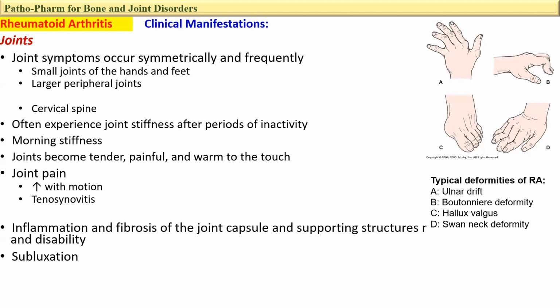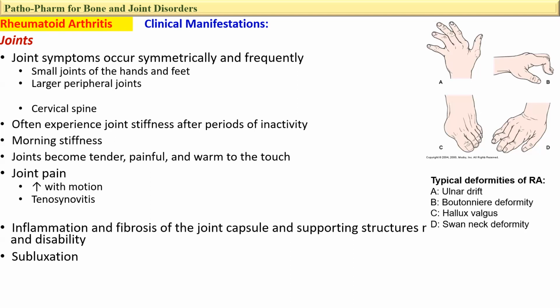The term subluxation is a very important term. It's atrophy of the muscle and destruction of tendons around the joint, which would cause one articular surface to slip past the other. In other words, this looks like a dislocation, but it's not a complete dislocation of the joint. We call subluxation an incomplete dislocation.